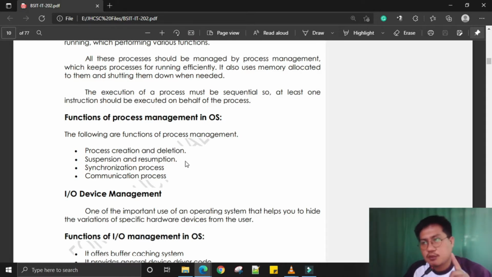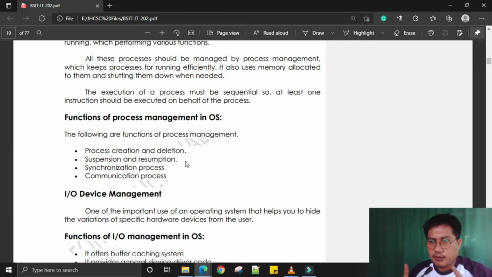See, this process one could not produce an output without this process, so these two processes will be synchronized. Or shall we say, if this process goes first, then this will proceed to produce one single output. So that is the synchronization of the process, or of time.